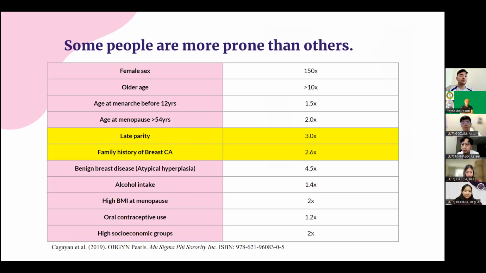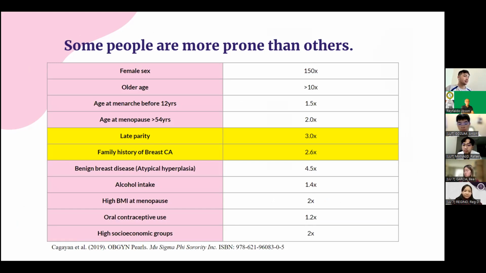So it might also help if we tell our patient, as she may be wondering why she got breast cancer at such an early age of 39 years old. So these are some of the risk factors, as highlighted a while ago by Bea, on what makes some people more prone to develop breast cancer than other people. In particular, our patient had a late parity. She had her first child at 32 years old, and she had a family history of breast cancer from multiple aunts and a cousin.